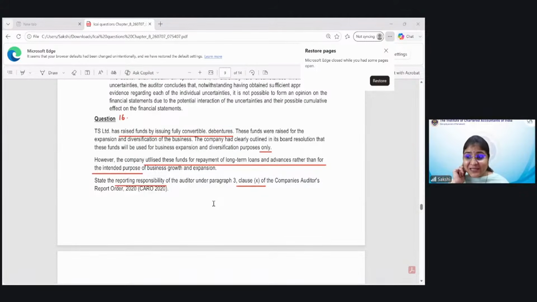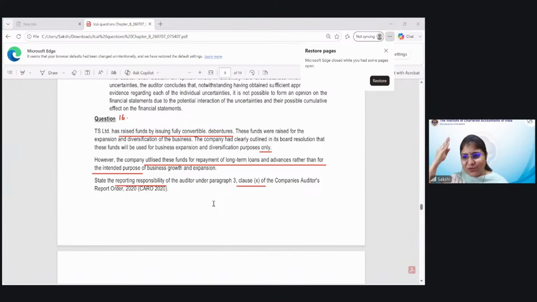First point. Second point, if the company has made any preferential allotment or private placement, then it has to comply with the requirement of section 42 and 62 of the Companies Act. What was 42? That funds received must be deposited in a separate bank account.